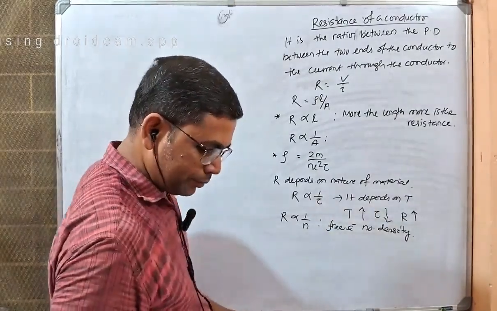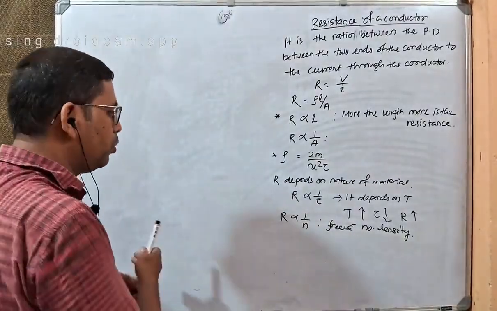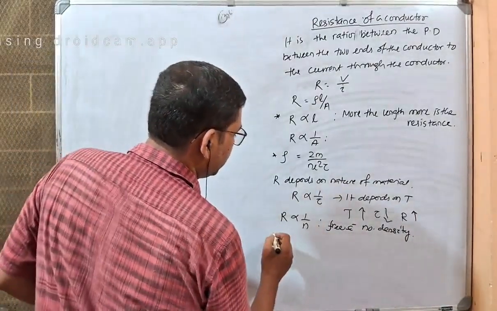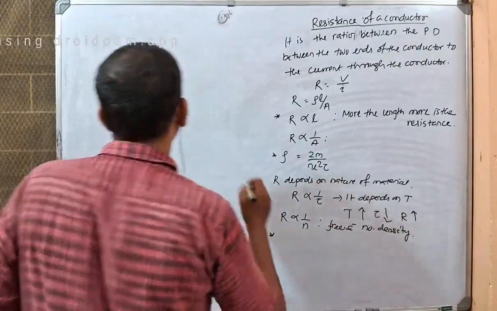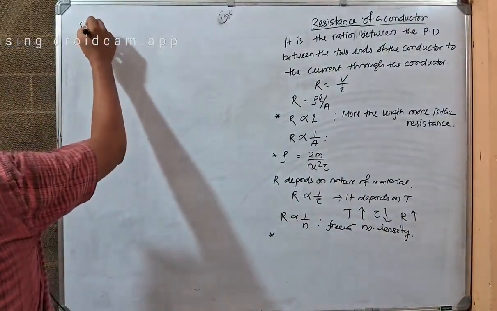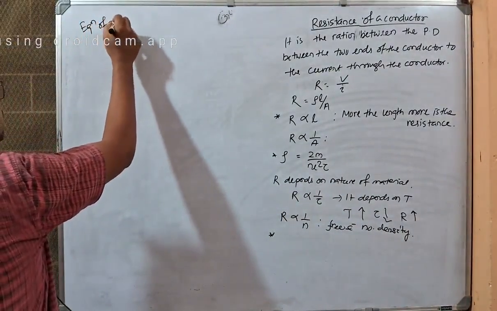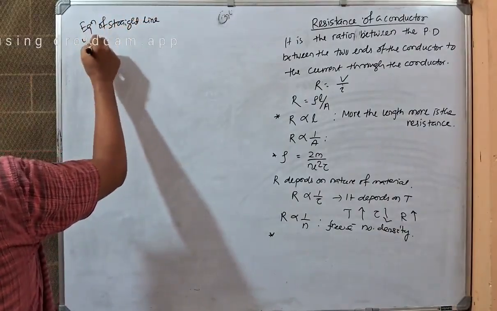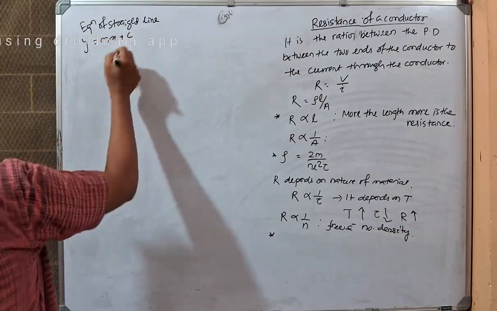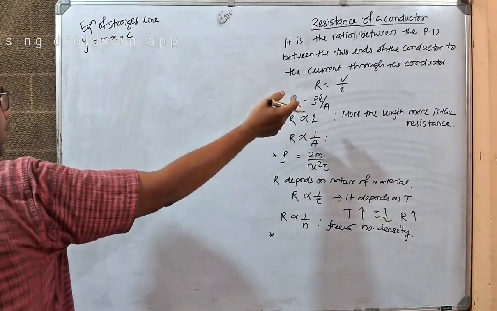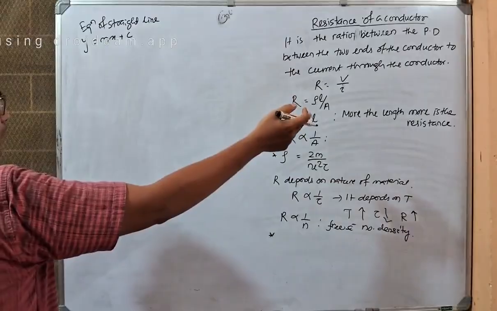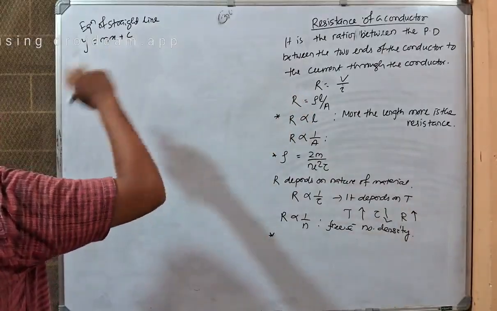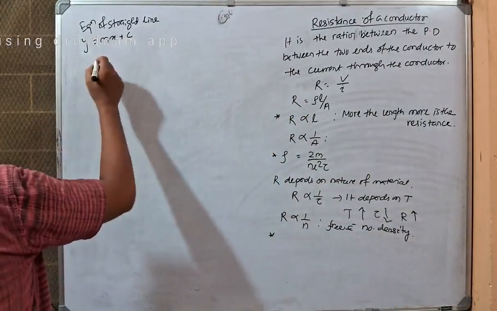So you know the equation of a straight line, y is equal to mx plus c. In place of y, I'll write I, current.